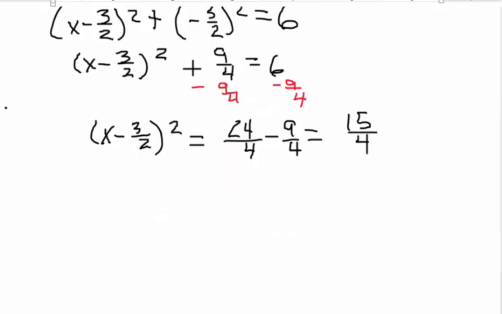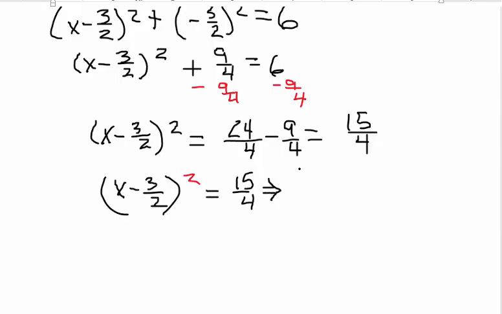So the x-intercepts then occur when x minus 3/2 squared, and I'm going to use colors here, is equal to 15 over 4. Now the square root property says I can lose that exponent of 2, and I don't need the grouping anymore since the exponent's gone, if I apply plus or minus square root to whatever's on the opposite side of the equation.